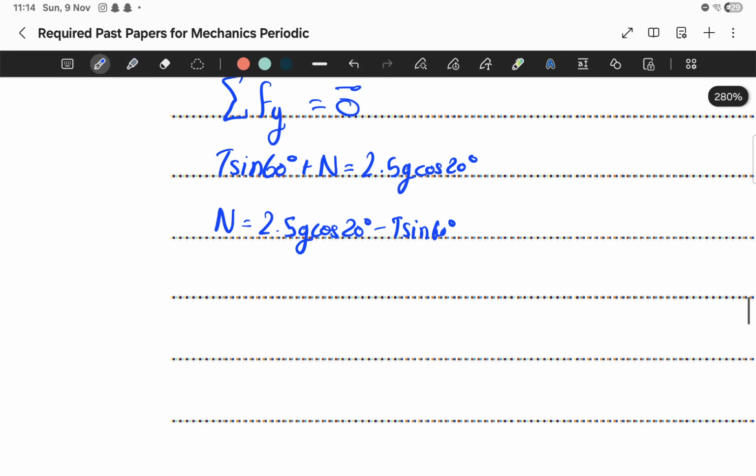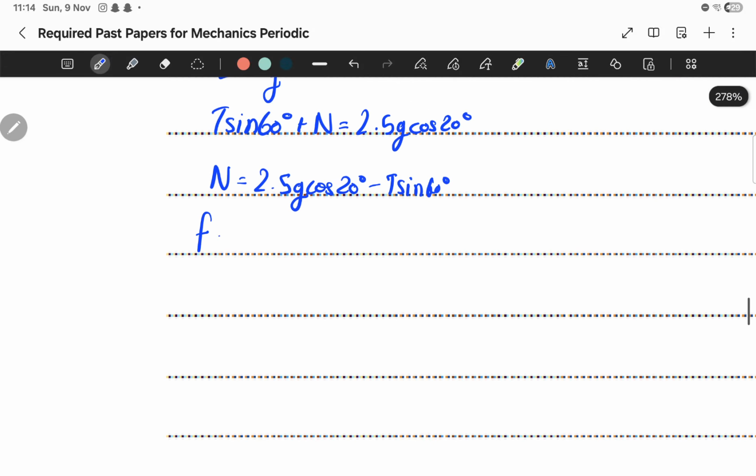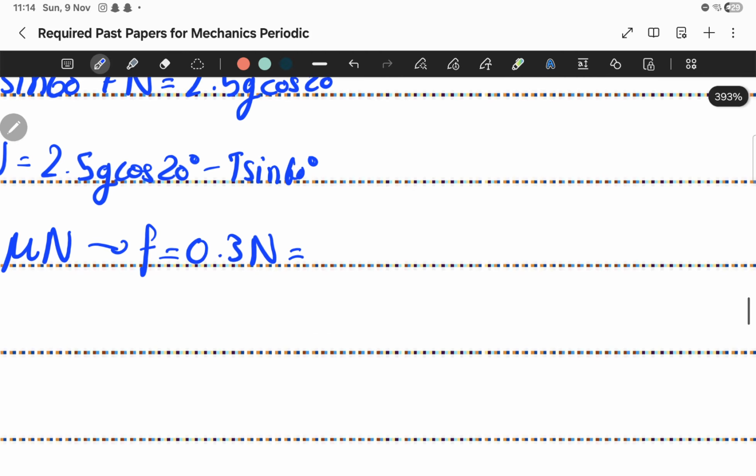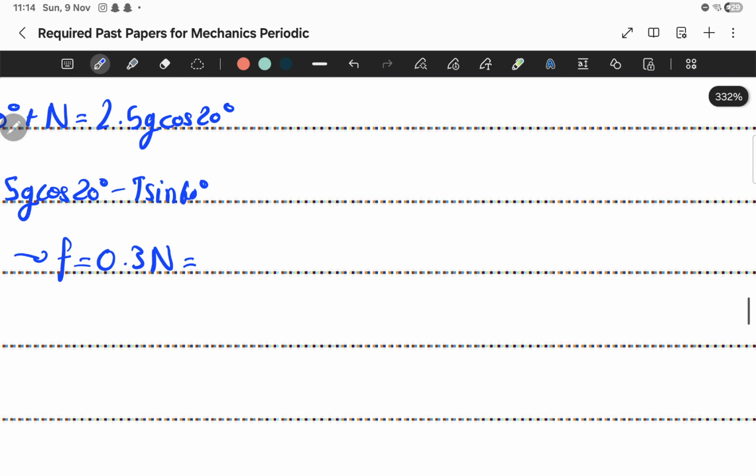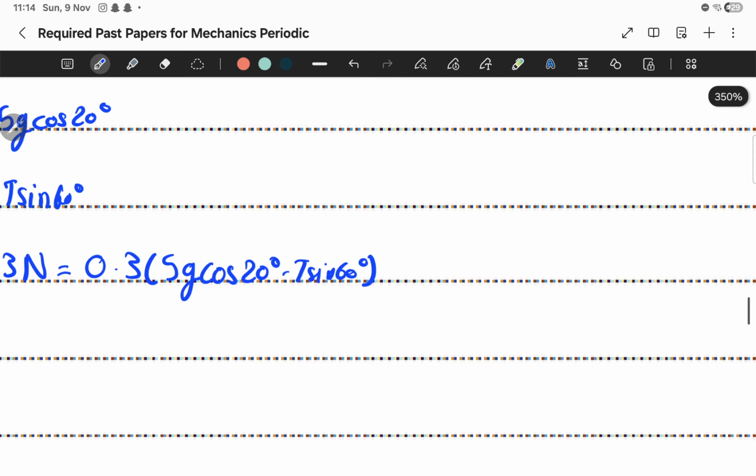Now F equals mu N, so F is equal to 0.3 N, which equals 0.3 times 5 g cosine 20 degrees minus sine 60 degrees.